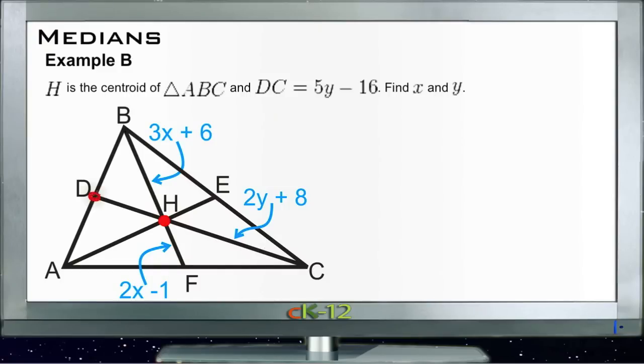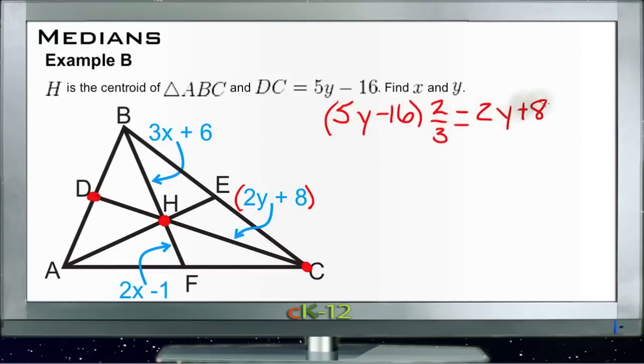Well, if DC is 5y minus 16 and 2y plus 8 is 2/3 of that, then we have 5y minus 16 times 2/3 is equal to 2y plus 8, right? 2y plus 8 is 2/3 of 5y minus 16.